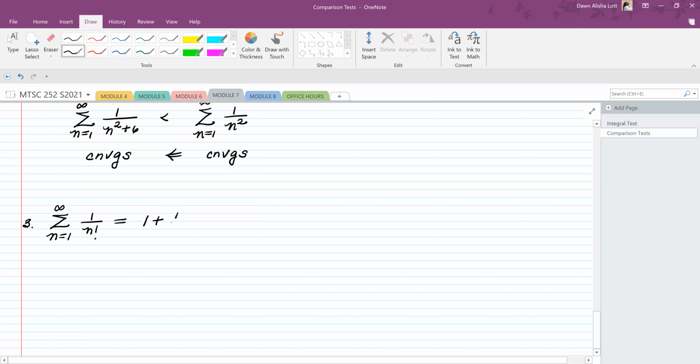So this is now 1 over 2 factorial, which is 2, plus 1 over 3 factorial, which is 6, plus 1 over 4 factorial, which is 24, plus 1 over 5 factorial, which is 1 over 120, plus... So this is what 1 over n factorial looks like.